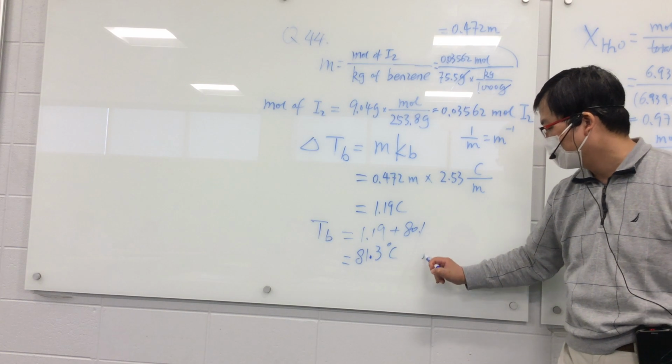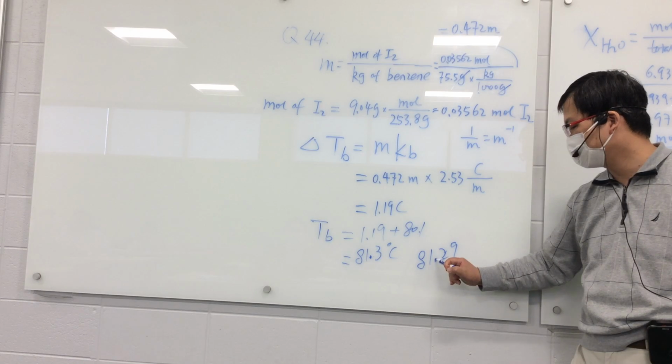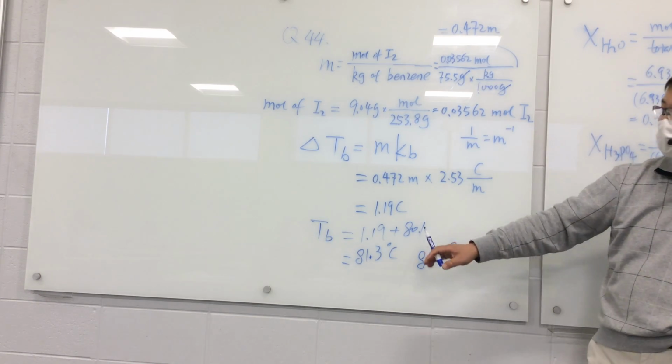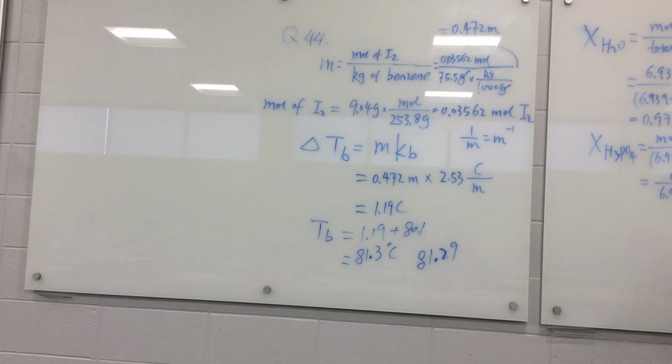We don't put 81.29. We don't put that. Because at the beginning, each value has only 3 significant digits. Therefore, for the final result, you can only keep up to 3. But when we do the calculation, we can keep one more digit than necessary to be more accurate.